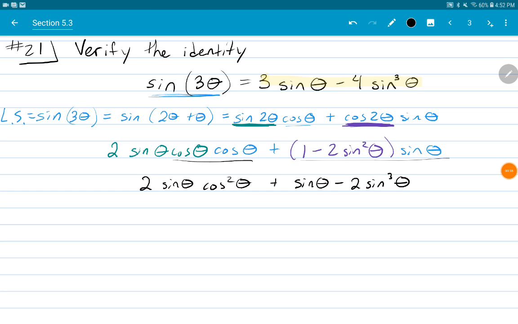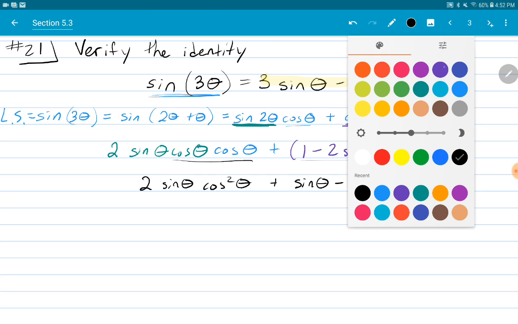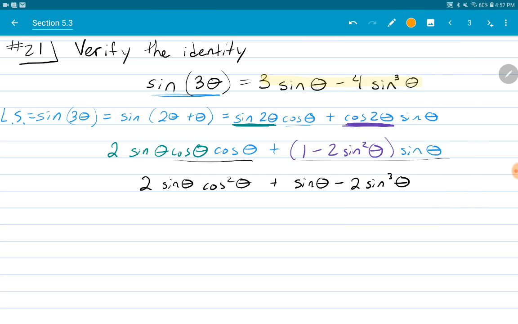Okay, now remember the idea here, looking at that right side that's highlighted in yellow: I want to get rid of all my cosines and express everything in terms of sine. So I'm going to replace this with the equivalent sines.